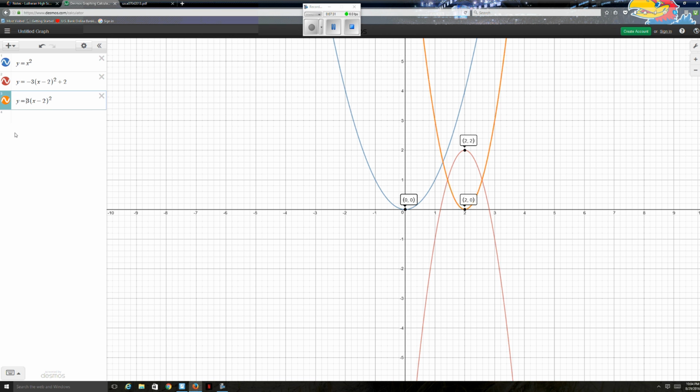So now I'm going to put a negative out front. That's the next thing in the order of operations. And notice now my graph has gone from being up here to reflected over the x-axis. And then this plus 2 is going to push it up 2. And that's how this graph here turns into this graph here.